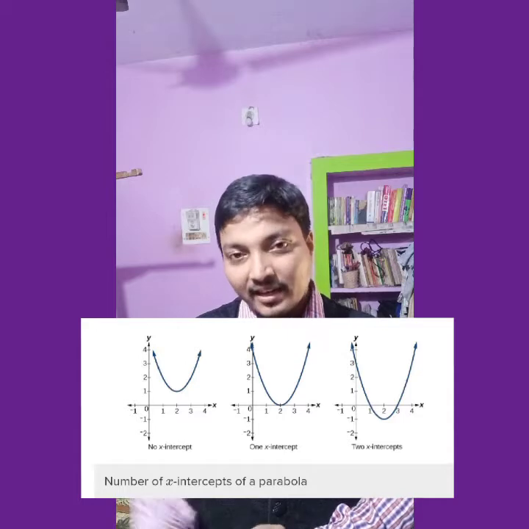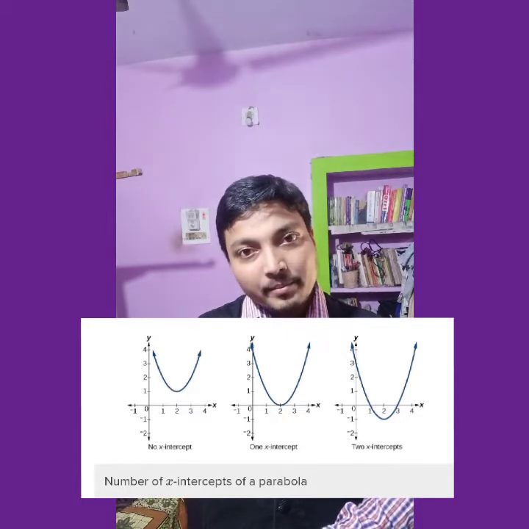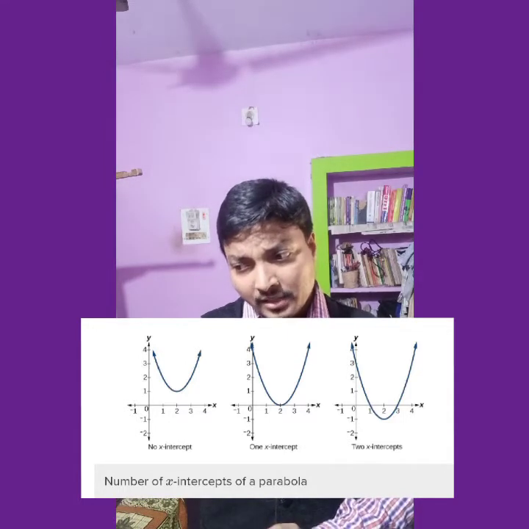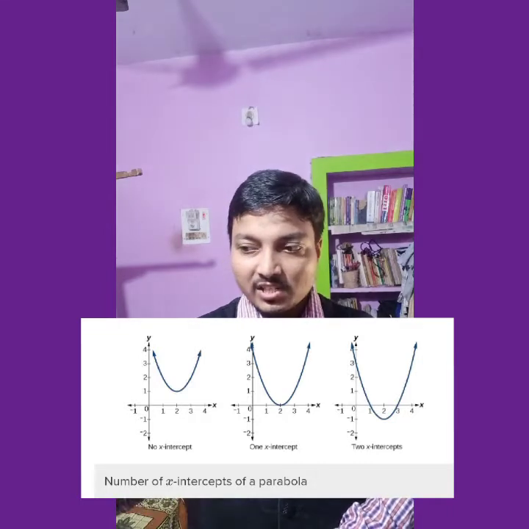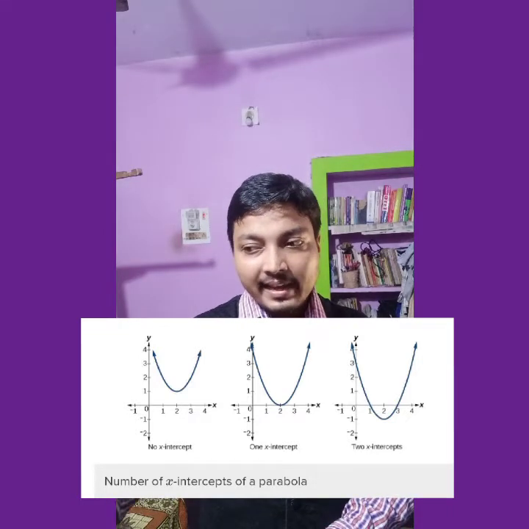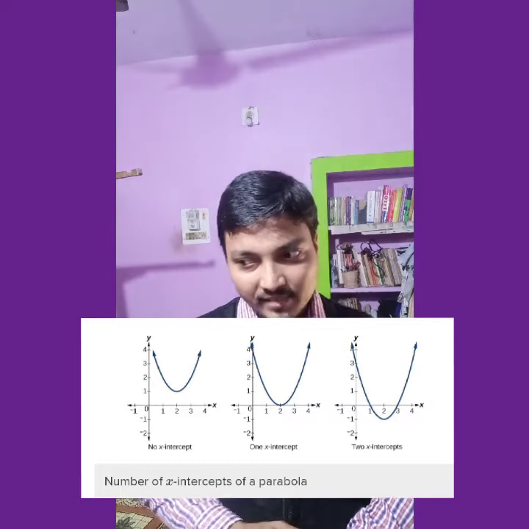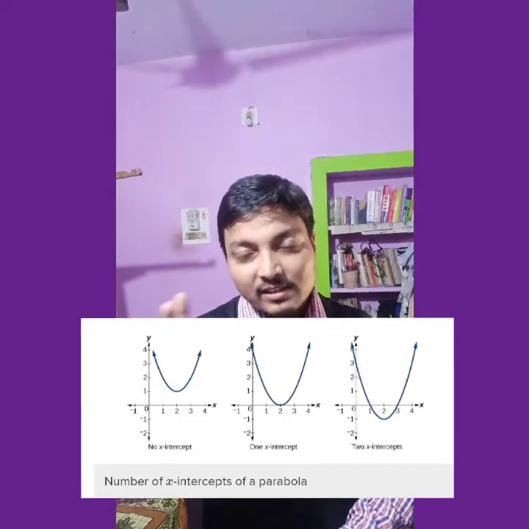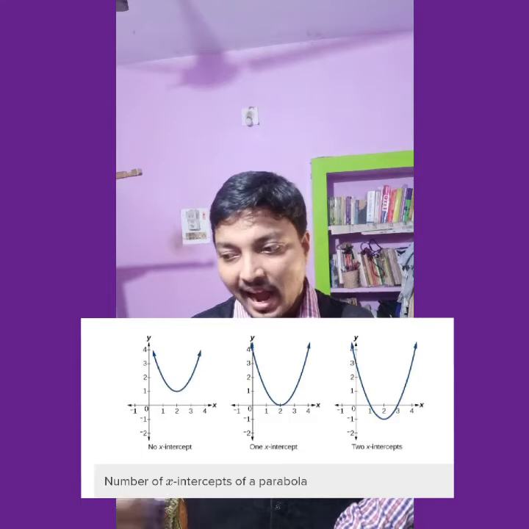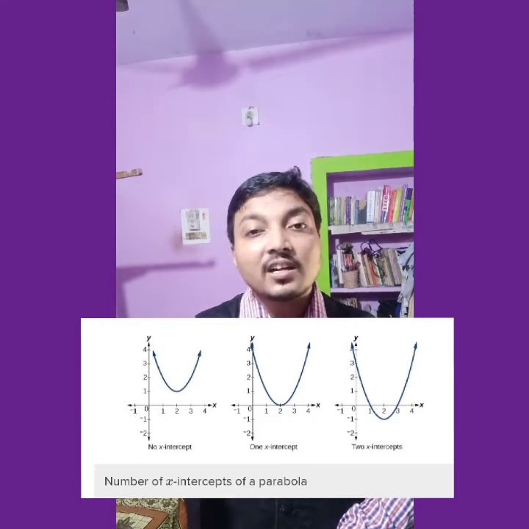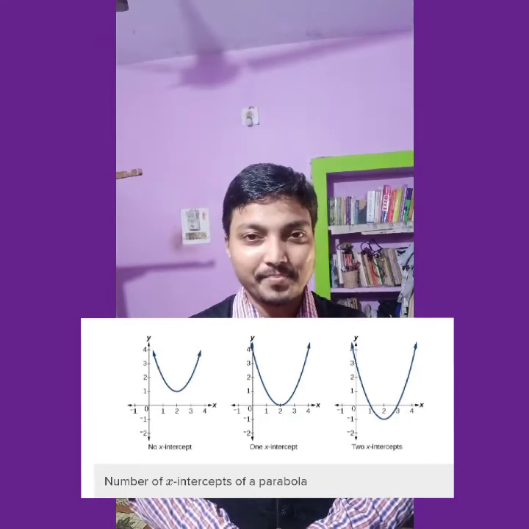In another figure, the parabola touches the x-axis at a single point. Another one does not touch the x-axis.